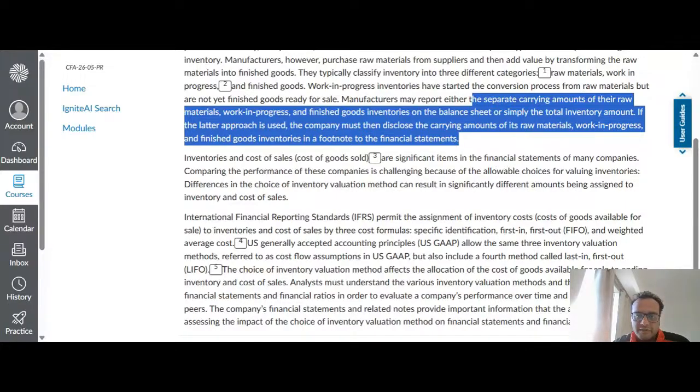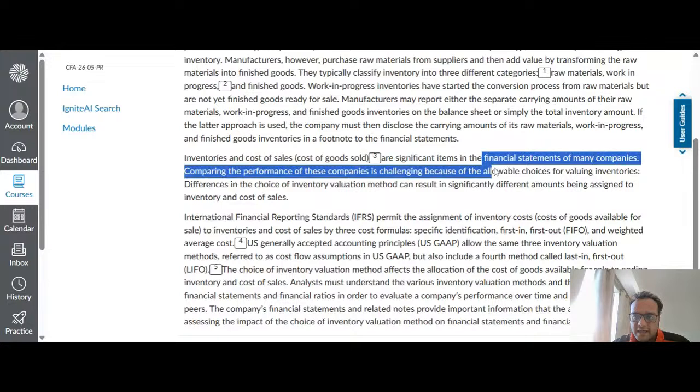Inventories and cost of sales are significant items in the financial statements of many companies. Comparing the performance of these companies is challenging because of allowable choices of valuing inventories. IFRS permits assignment of inventory cost, cost of goods available for sale, to inventories and cost of sales by three cost formulas: FIFO, weighted average, and specific identification.